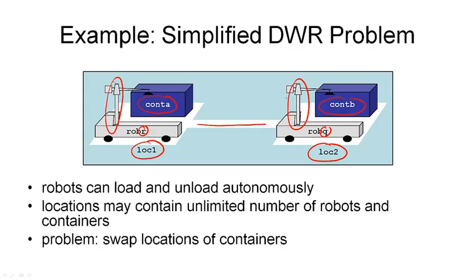That really simplifies the problem a lot. And the problem is then given by a set of actions, which I will describe shortly, an initial state, which is shown here, and a goal description, which simply consists of a state in which the two containers are swapped. So in our goal state, we want container A at location 2 and container B at location 1.